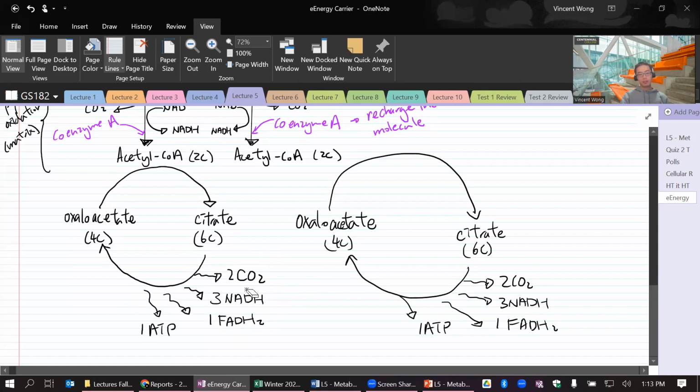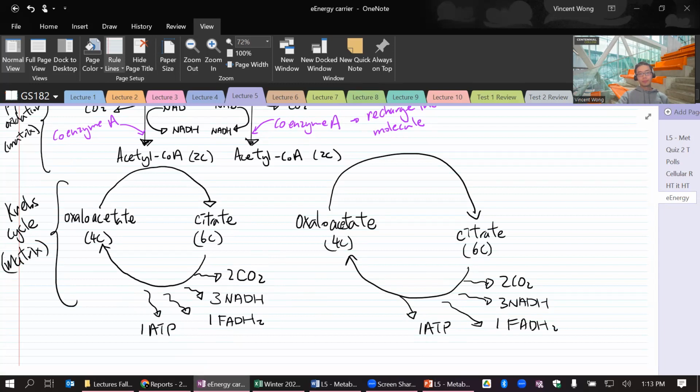Okay, so you have to remember the main products. And all this happens in the matrix. So this here is the Krebs cycle. It happens in the matrix as well. So let's write them down.